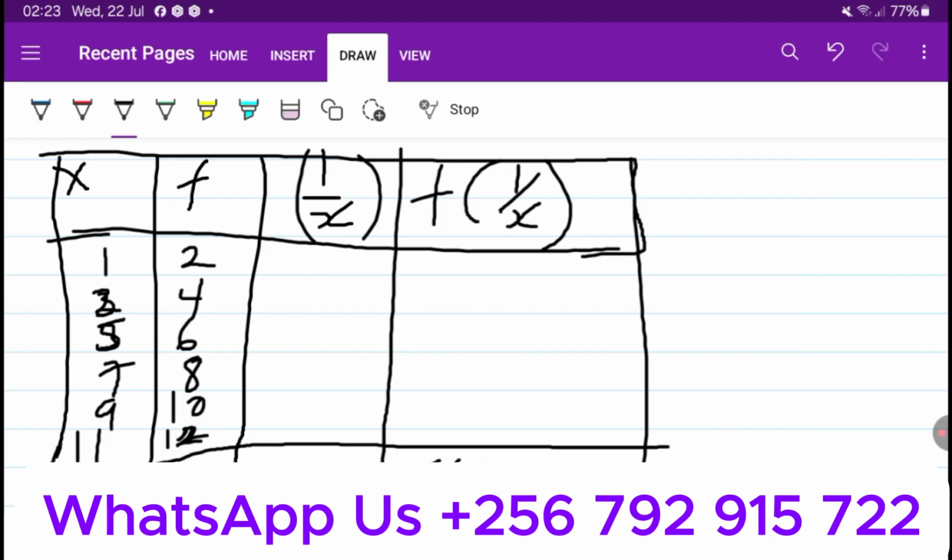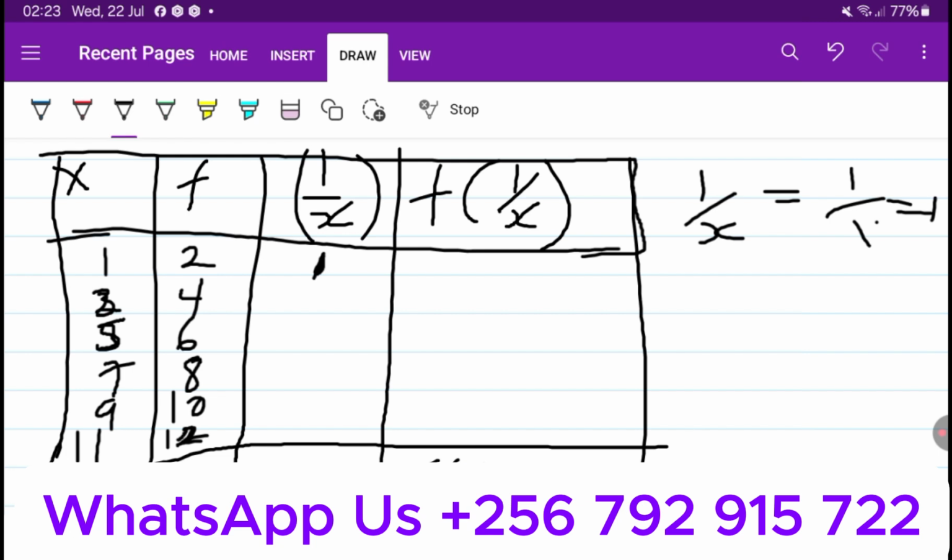Then of course 1 over x. Our x is 1, 1 over 1 gives you 1. Then 1 over 3 will give you 0.3333 recurring. This one will be 0.2. This one will be 0.1429.